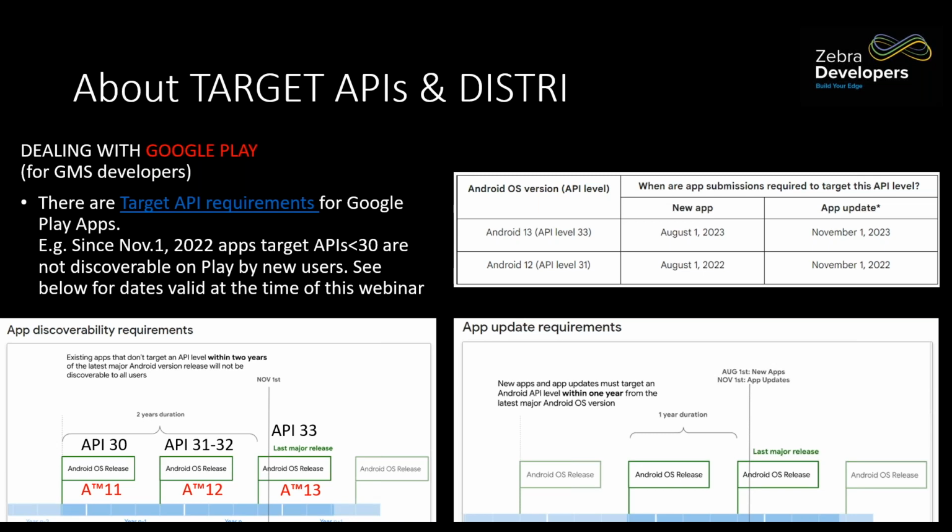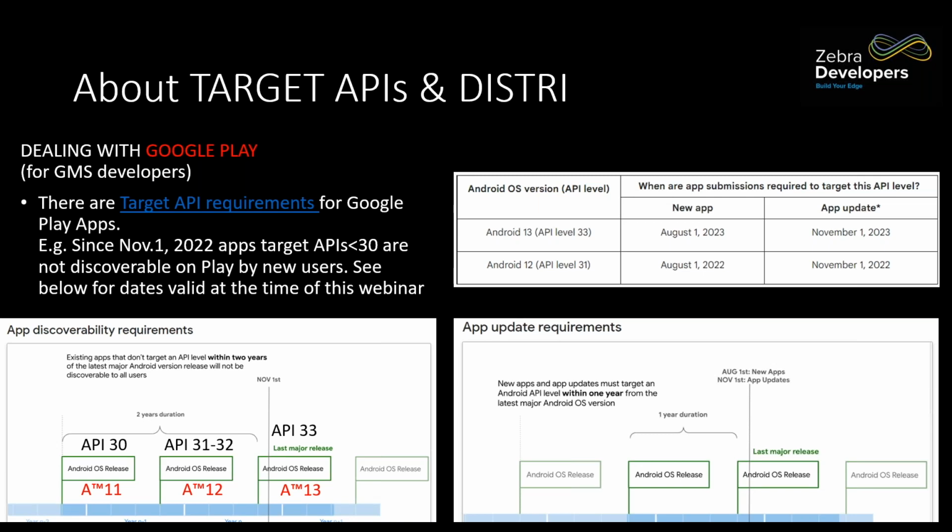For instance, if you want your app to be discoverable for new users, your application needs to target at most the two previous major versions.